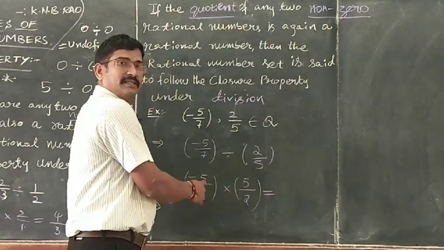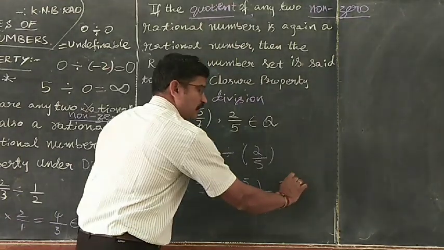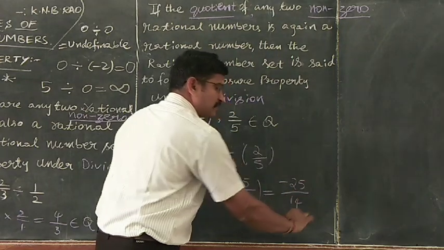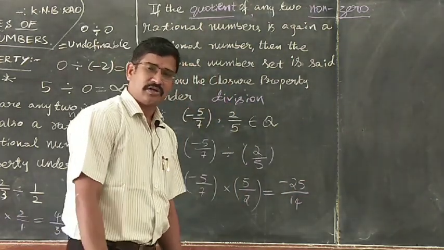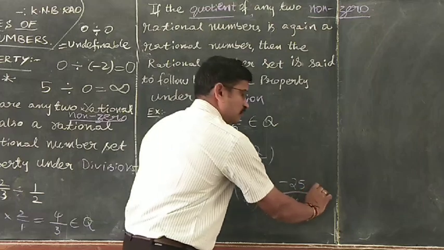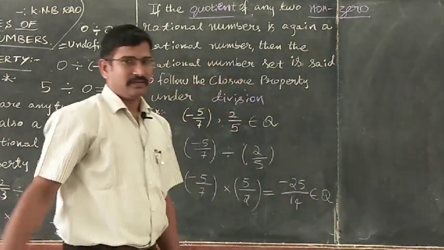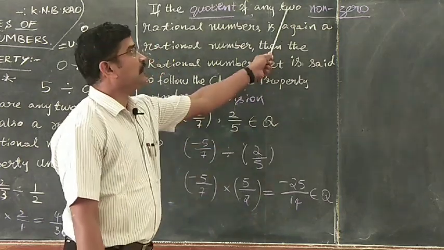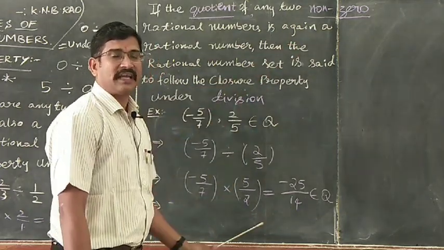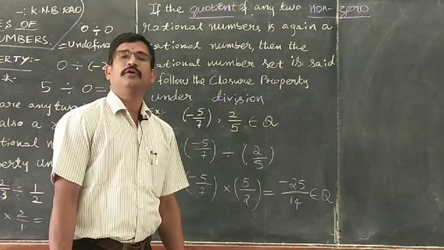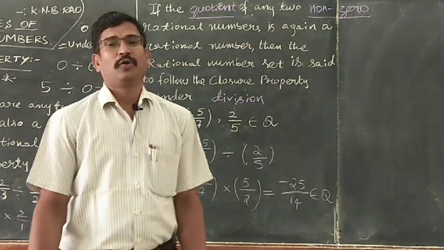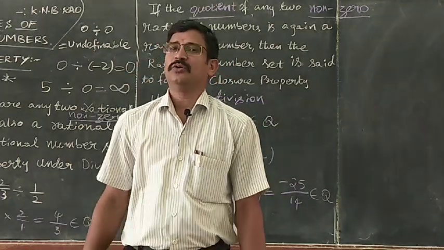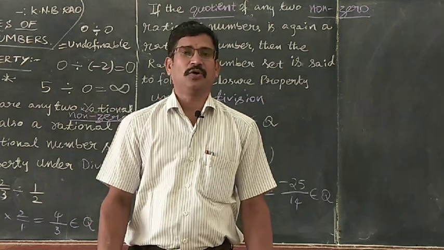The product minus 5 into 5 is minus 25 upon 7 2s are 14. This minus 25 by 14, is it again a rational number or not? You know that this belongs to the rational number set. Therefore, the quotient of any two non-zero rational numbers is again a rational number. Therefore, the rational number set follows the closure property under division, provided the two numbers taken are non-zero rational numbers.